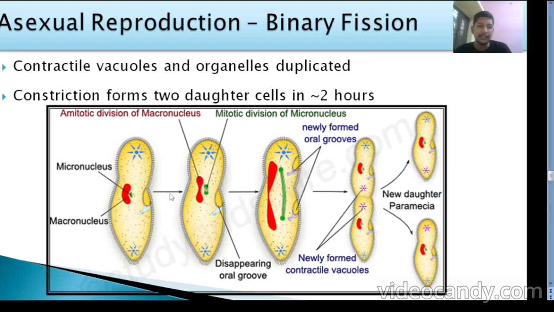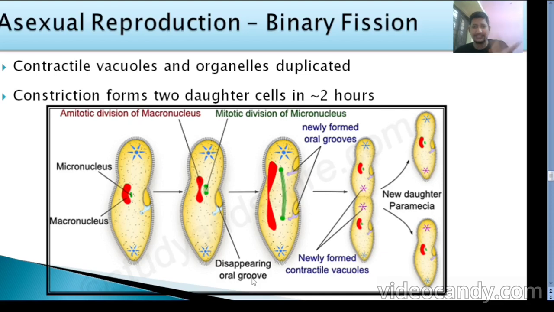I will explain. First, the micronucleus undergoes mitosis, and the macronucleus undergoes amitosis. So you can see here the amitotic division of the macronucleus and the mitotic division of the micronucleus, and there is a disappearance of the oral groove, vestibule, and digestive cavity.